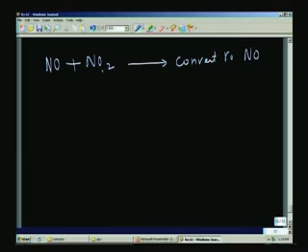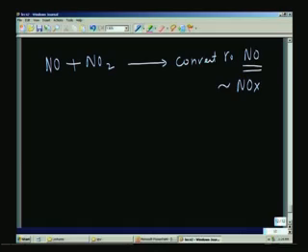There is some NO2 in the sample gas. I want to convert everything to NO, so that NO plus NO2 is equal to NOx. So, I am converting everything to NO. That means that when you convert the NO2 to NO, this is equivalent to NOx. So, if I convert all the nitrogen dioxide to nitric oxide, this is a reduction reaction.